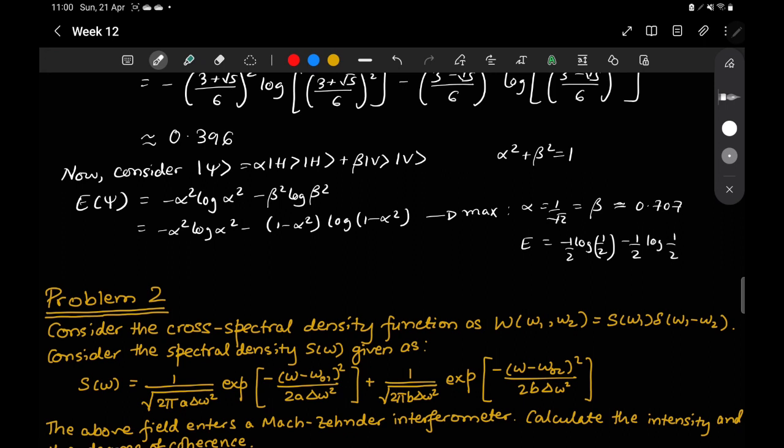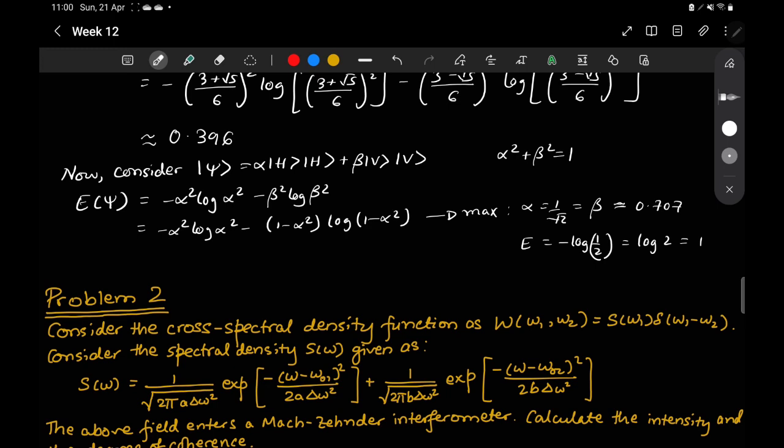So half log half plus half log half, so half plus half makes it 1, so this makes it simply minus log half, and log a by b is log a minus log b, and log 1 is 0, so this is log 2, which is to the base 2, so this is equal to 1.